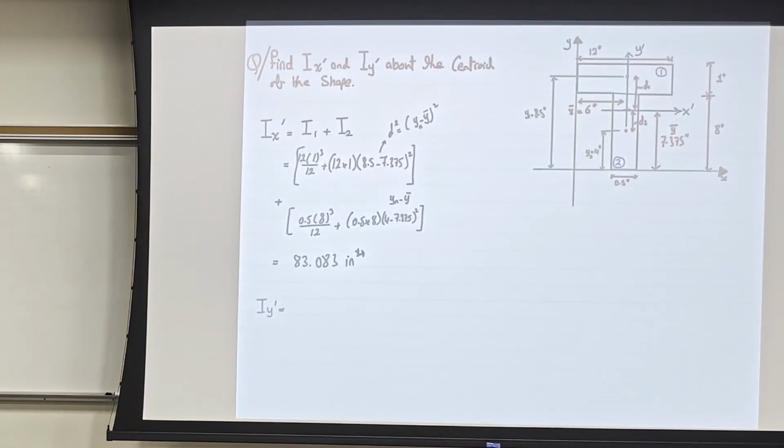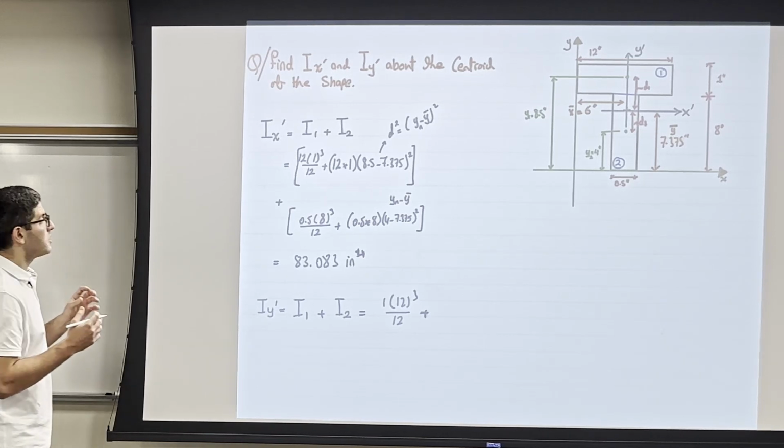Therefore, the moment of inertia for shape 1 and shape 2 will equal, for example, let's work on area 1 first. It will be parallel perpendicular cube over 12. The dimension that's parallel to y dash is 1, perpendicular is 12, so 12 cubed over 12 times 1, plus, for area 1, again, there is no A times d squared.